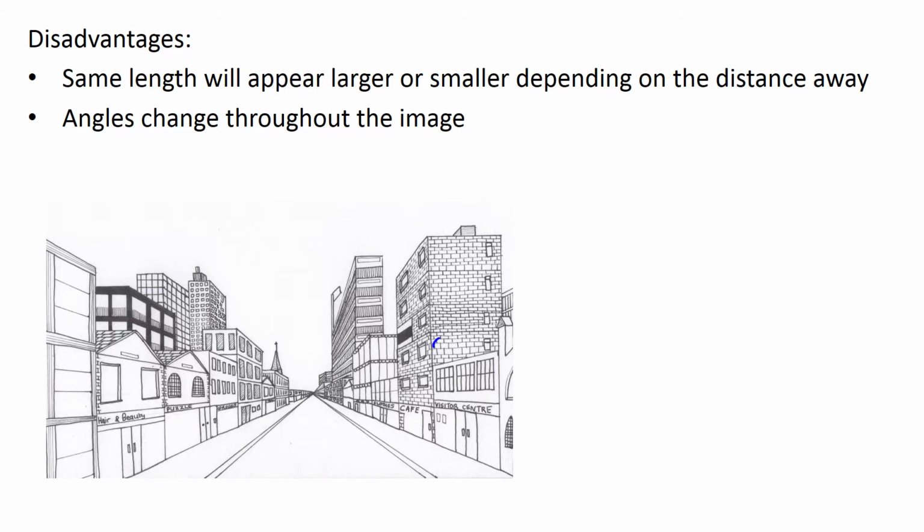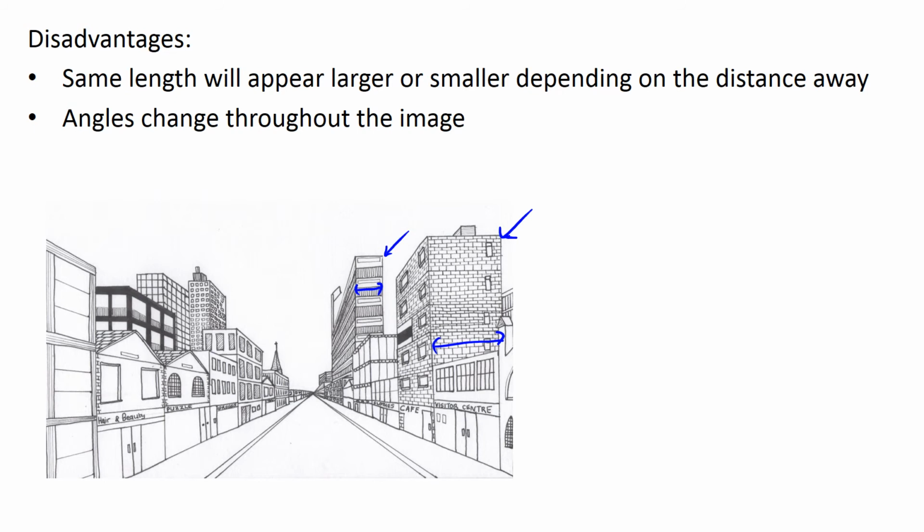So like, for example, the thickness of this building is this thick because it's up close, but the thickness of this far away building, even though those thicknesses are probably the same, all of a sudden it's looking a lot smaller. And so it's really hard to get a sense of what's an equal length. Is this distant building a little thicker than this nearby building or a little thinner? I have no way of telling that with a perspective drawing.